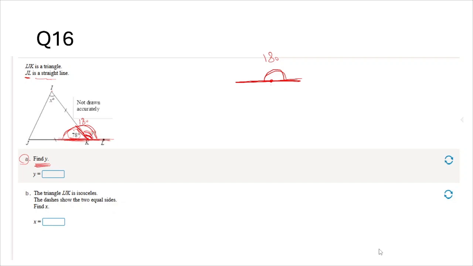So angle Y will be equal to 180 minus the measurement of angle IKJ. The measurement of IKJ is 78.